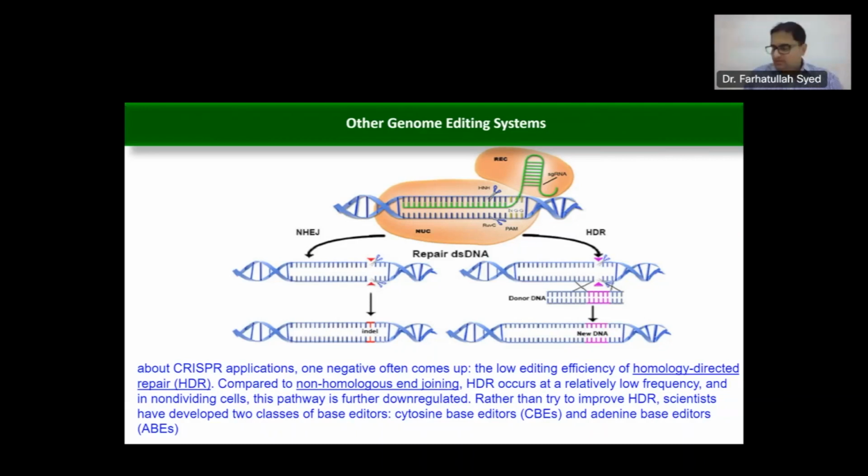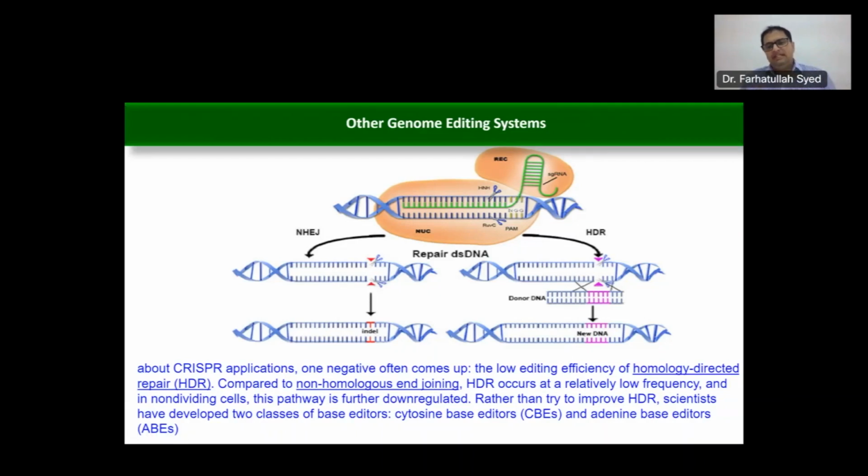For example, we have extensive experience using hematopoietic stem cells. If you provide a template after cutting with these genome editing technologies to repair by homology-directed repair, the efficiency of correcting the genome is very, very low.